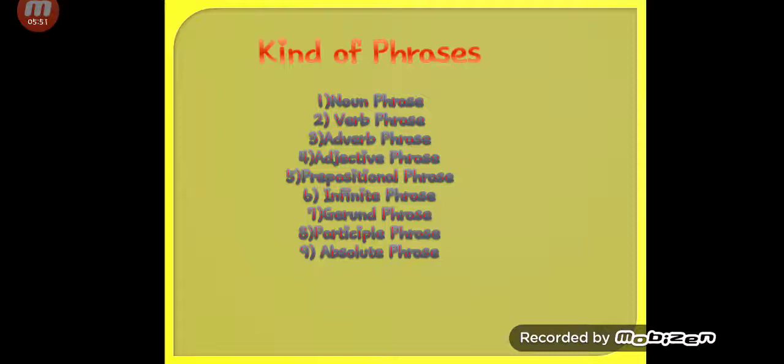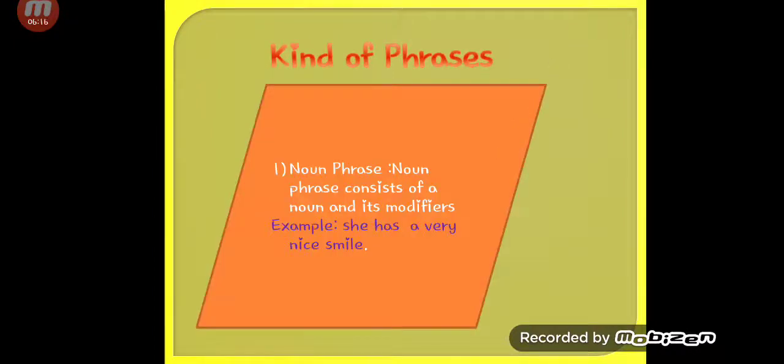She did do, it's a verb phrase. Then adverb phrase, adjective phrase, prepositional phrase, infinitive phrase, gerund phrase, and participle phrase. These are the different categories or kinds of phrases.